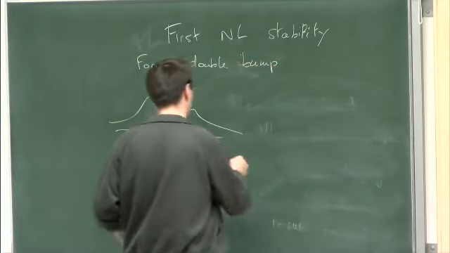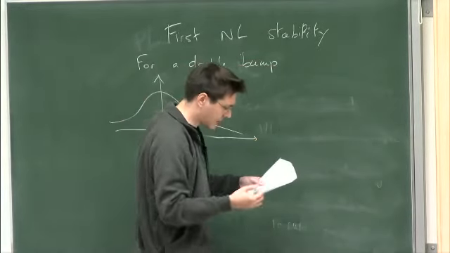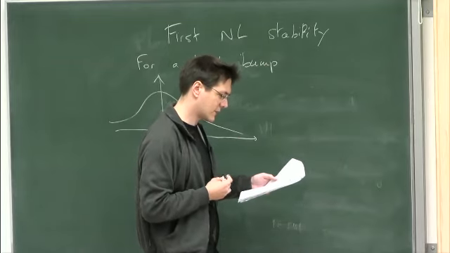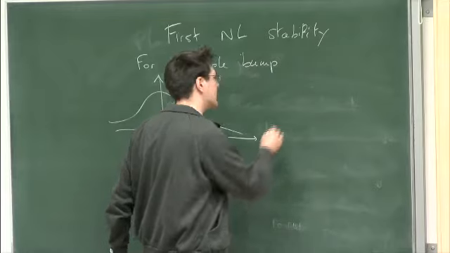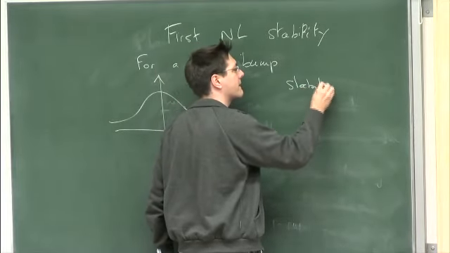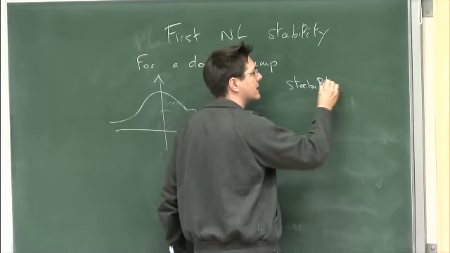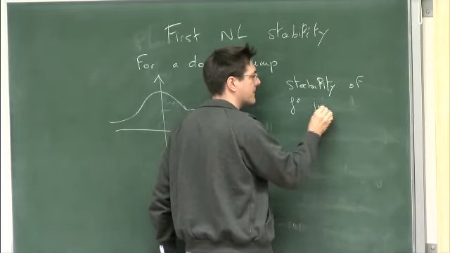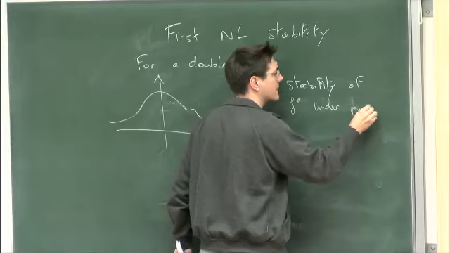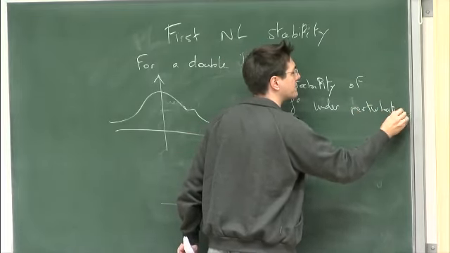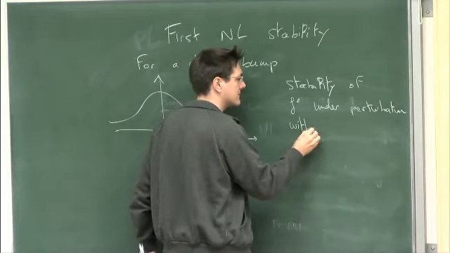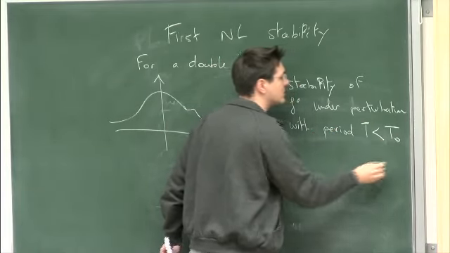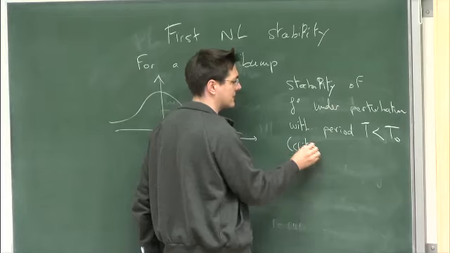So in the words of this other team of people working, in the words of Walter Strauss for instance, it would be like saying we have stability in this very regular space of F0 under perturbation with period less than T0, which is the critical period given by the Penrose criterion.